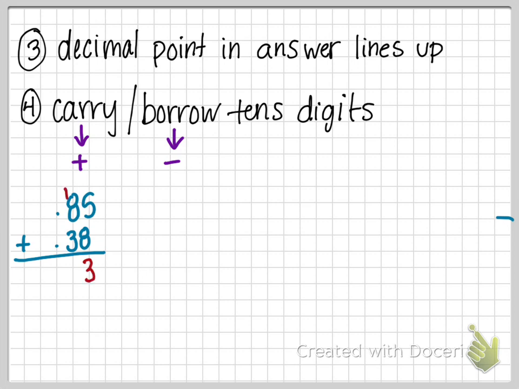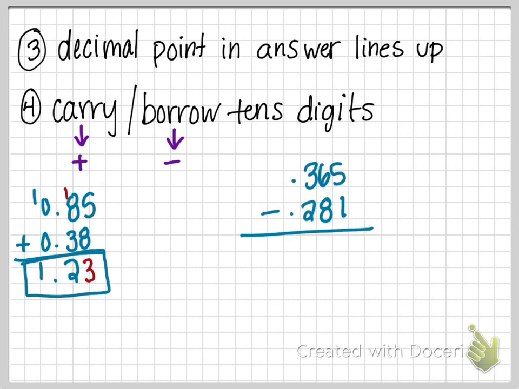We write the 3, we carry the 1. And then 8 plus 3 is 11, plus 1 is 12. So we put the 2, we carry the 1, and these would be placeholder zeros. And then 0 plus 0 is 0 plus 1.